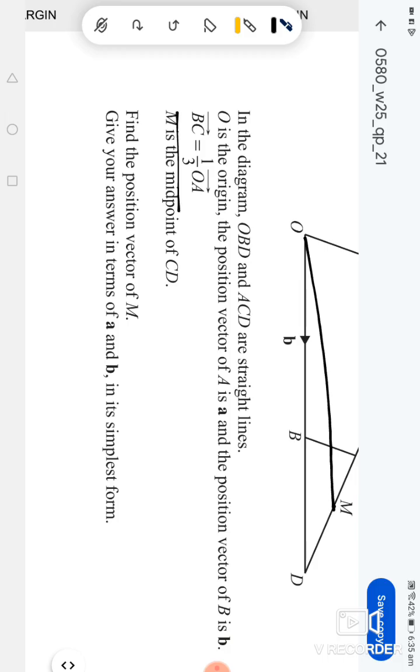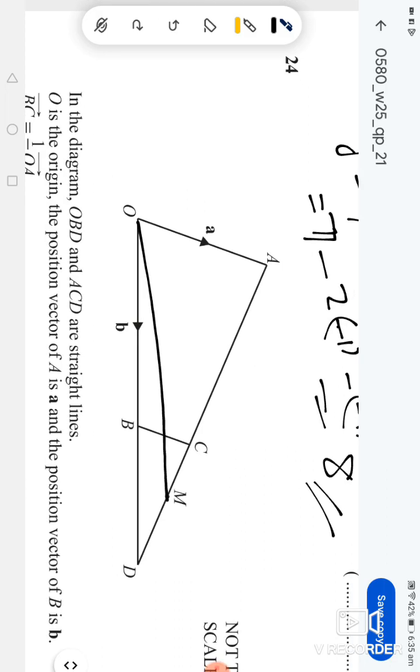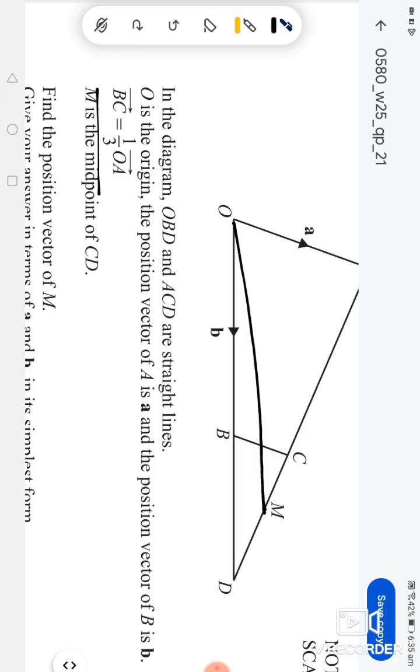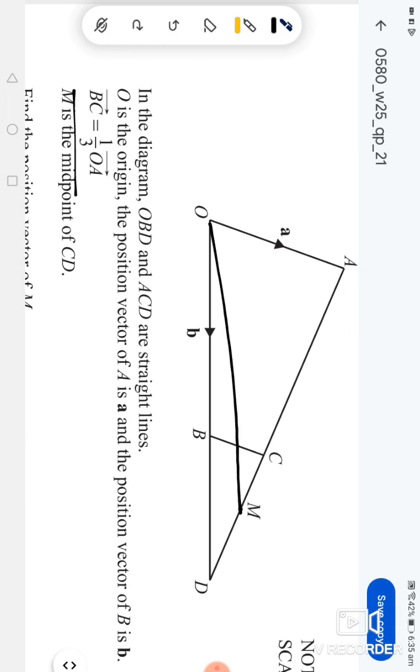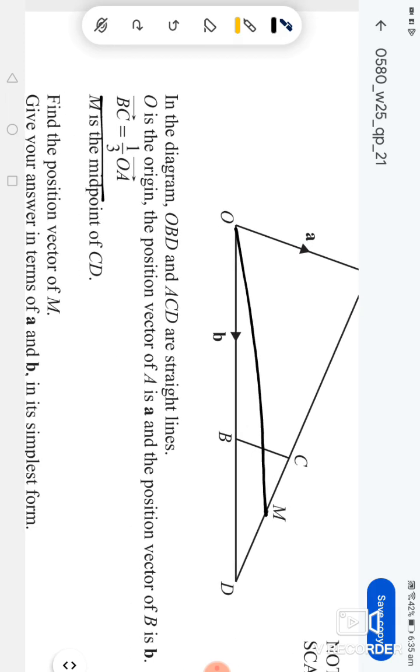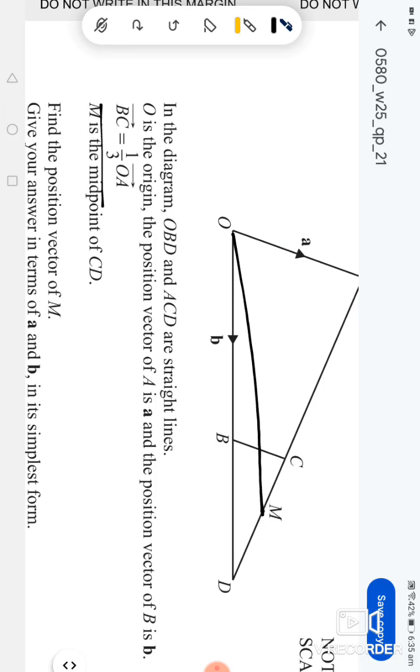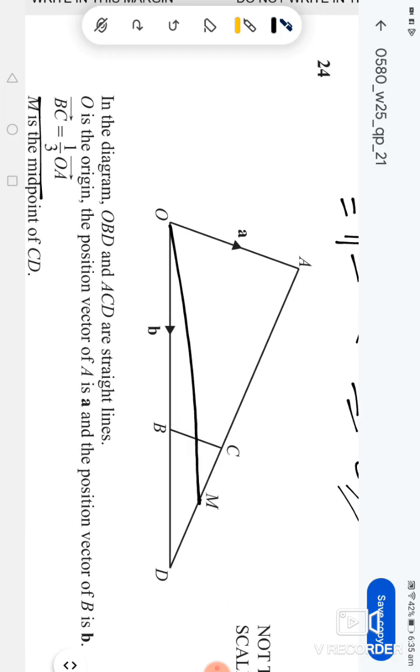BC is 1 by 3 OA. So that means this is 2 and 1.